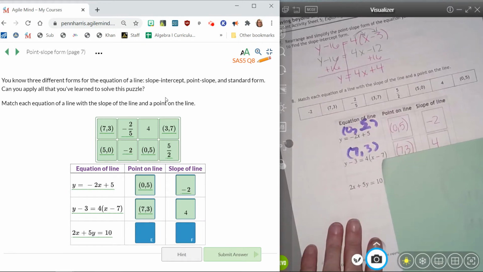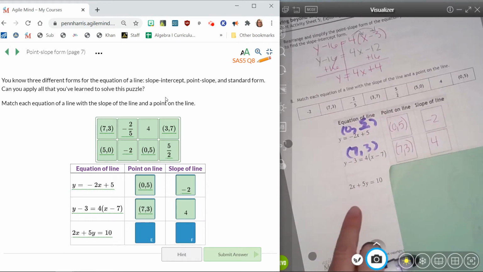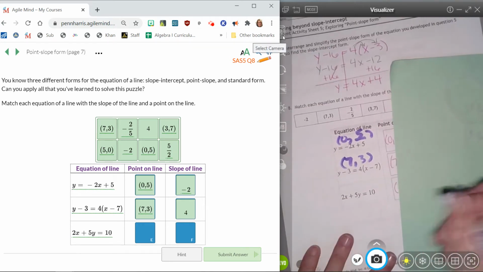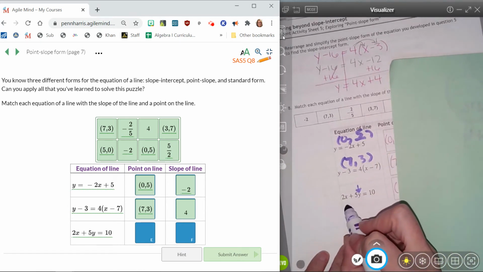Now, lastly here, they give you this equation. There's a couple things that we can look at here. Let's go ahead and put this into slope-intercept form first, okay? For those of you guys that don't know how to do this, we want to get the y by itself. So the first thing I need to do is move this 2x.